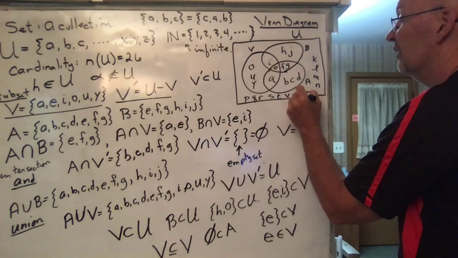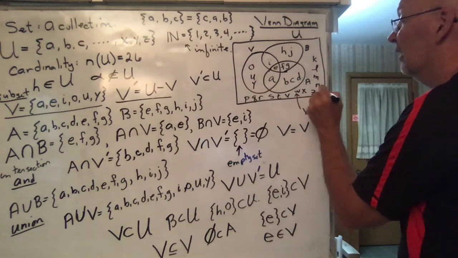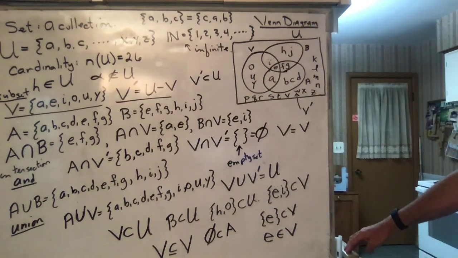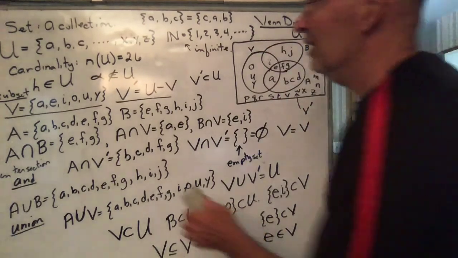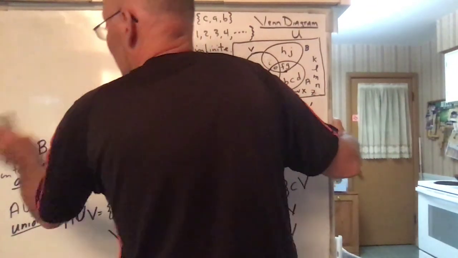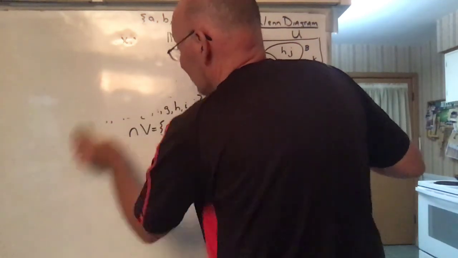V, W, X, Y is right there, and Z. See how that works? So that's how you can use a Venn diagram to basically show the relationship between sets. Okay? So with all that, let's do just another example just to make sure you're solid on this stuff.